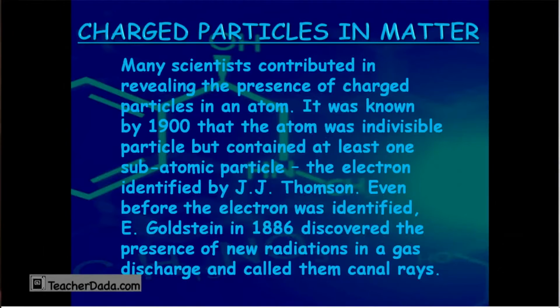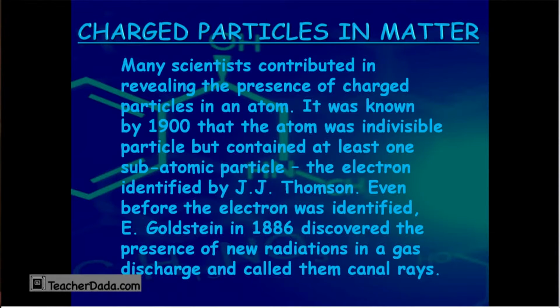At the end of the 18th century and the start of the 19th century, it was confirmed beyond doubt that atom is not a simple indivisible particle, but contained at least one subatomic particle, the electron, which was identified by Sir J.J. Thomson.